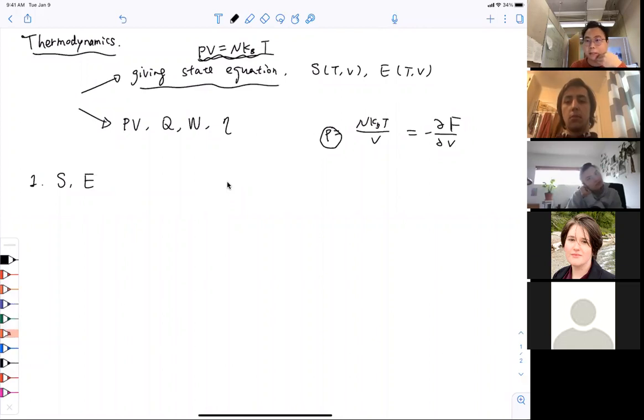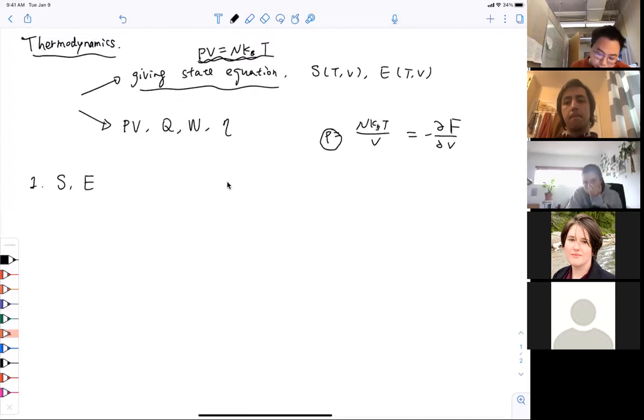Without actual information, we cannot fix the constants unless you put some physical information into your calculation. Of course, those constants are fixed if we calculate S and E from the partition function approach, right?